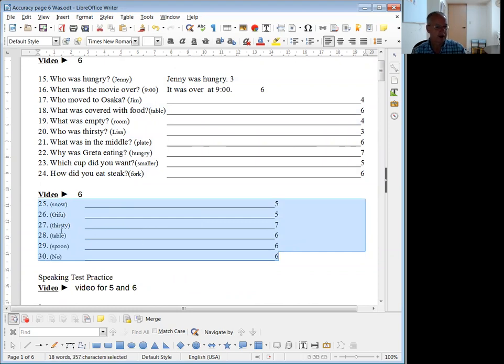Down here. This part, listen to the question and write the answer using the hint. Number 25.